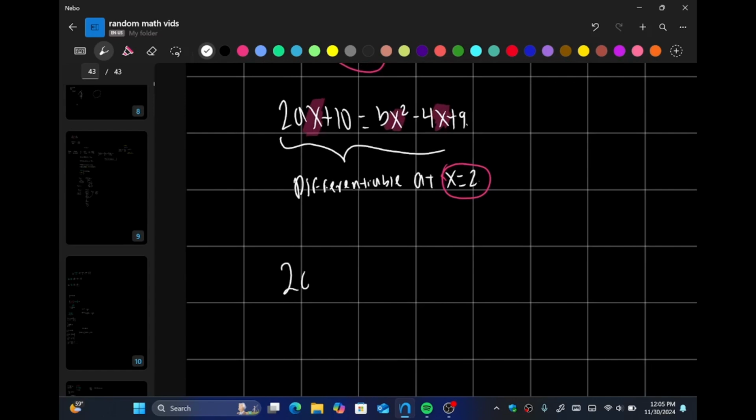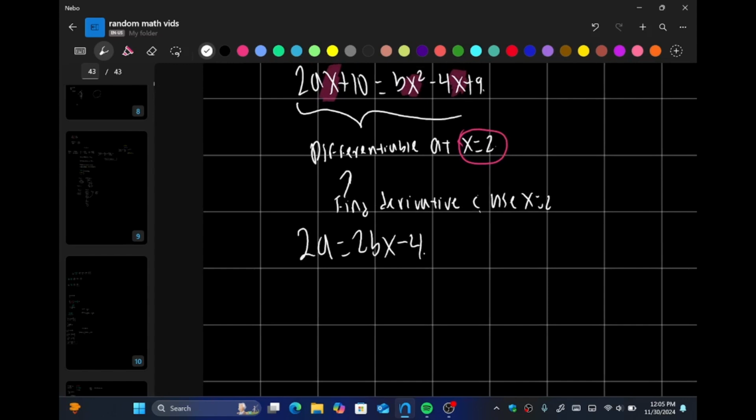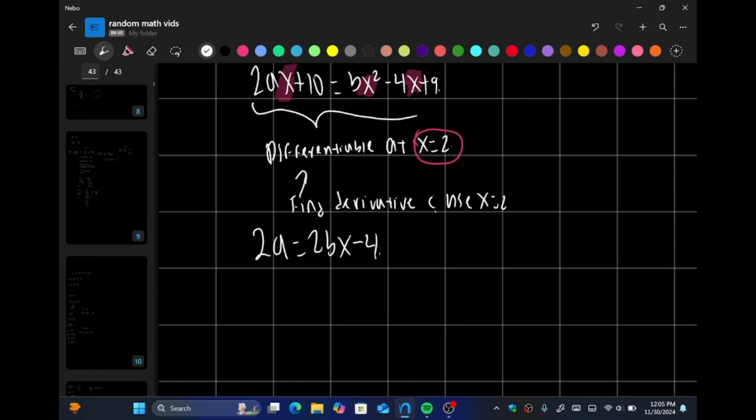So we would say 2a, and I believe it would be 2a, I'm sorry, hold on, 2a is equal to 2bx minus 4. So you want to find the derivative and use x equals 2. And then we're going to go ahead and say 2a equals 2b times 2, right?